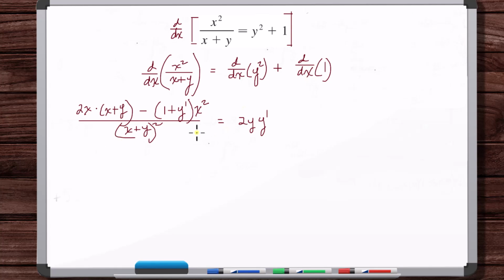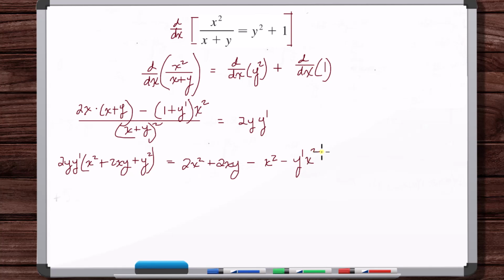Now it's just an algebra problem. Solve for y prime. To solve for y prime, let's expand everything. We'll expand all of this, and then combine like terms. So 2y y prime, and then x plus y squared is x squared plus 2xy plus y squared. Now we've got 2x squared plus 2xy, and then minus x squared minus y prime x squared.